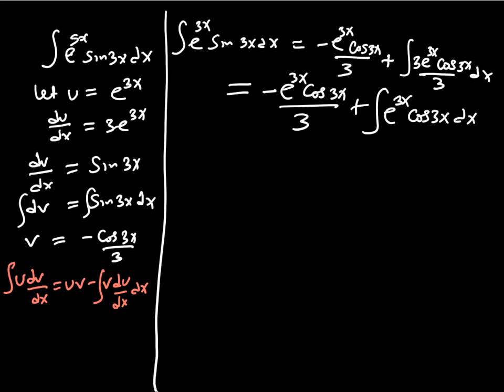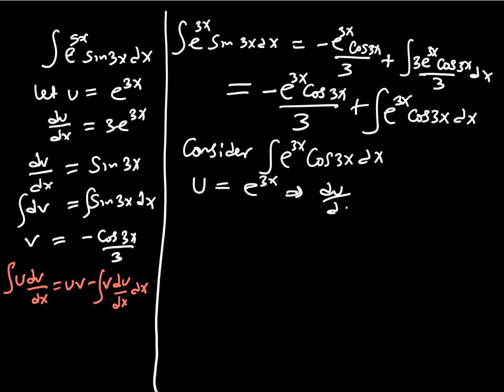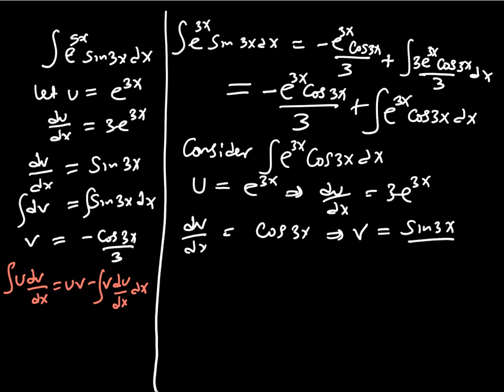Now we look at this as another part. Consider the integral of e to power 3x cos of 3x dx. We let our u equal e to power 3x, and that will mean that du by dx is 3 e to power 3x. Then my dv by dx is cosine of 3x. If you integrate a cosine, v will be equal to sine 3x out of 3.